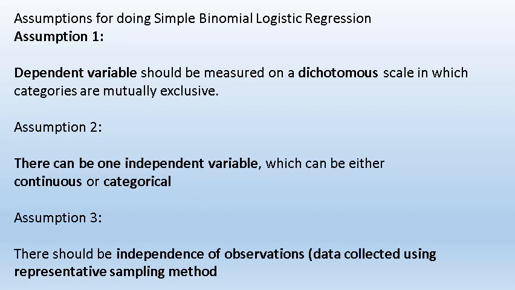Because there is only one independent variable, it is known as simple binomial logistic regression. In multiple binomial logistic regression, the number of independent variables will be multiple. Assumption 3, there should be independence of observation. That means data is collected using a representative sampling method.